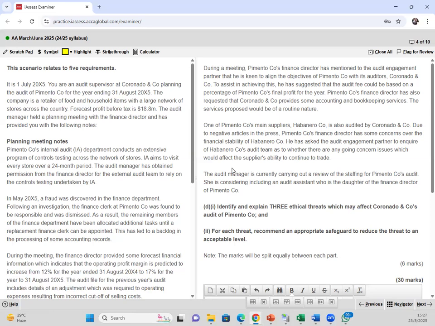If it's not listed, we can go ahead, but put in place safeguards to ensure that we don't audit the same work that we did. Or we can have separate teams to do the audit and the other services. But for a listed company, it's not allowed to provide both the audit and the non-audit services.